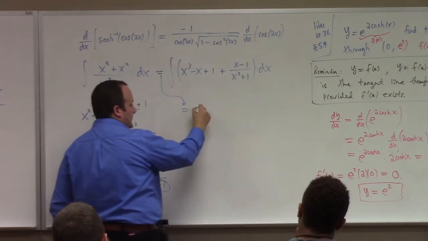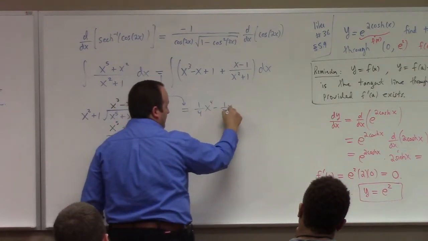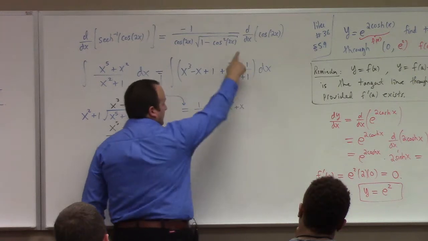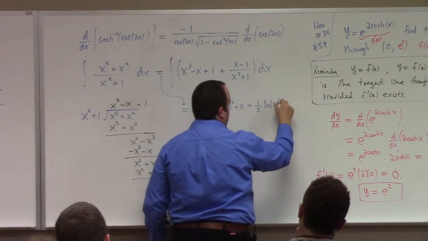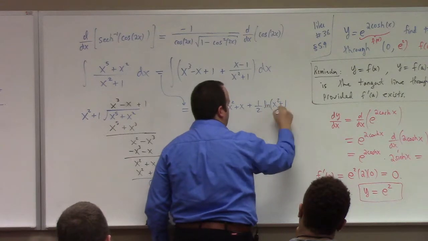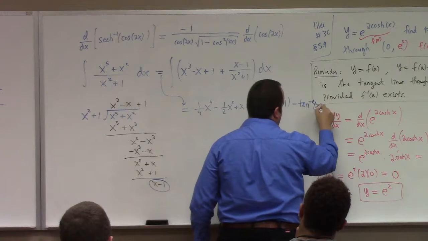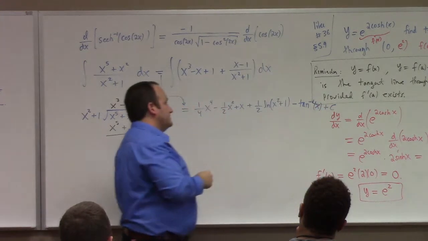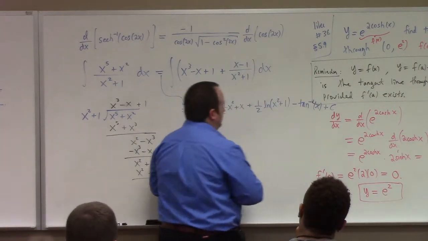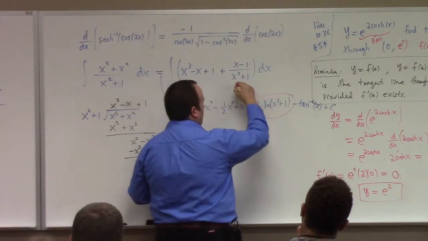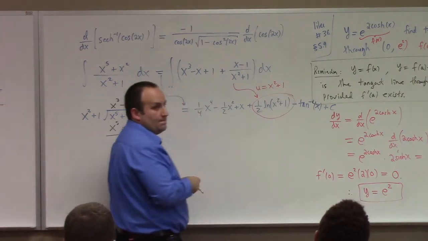This is what? This is 1/4 x to the 4th minus 1/2 x squared plus x. This integrates to 1/2 natural log of the absolute value of x squared plus 1. No need for the absolute value because that's positive. And then minus the inverse tangent of x plus a constant. If you're wondering what just happened, to get this, I made a u equals x squared plus 1 substitution, right?